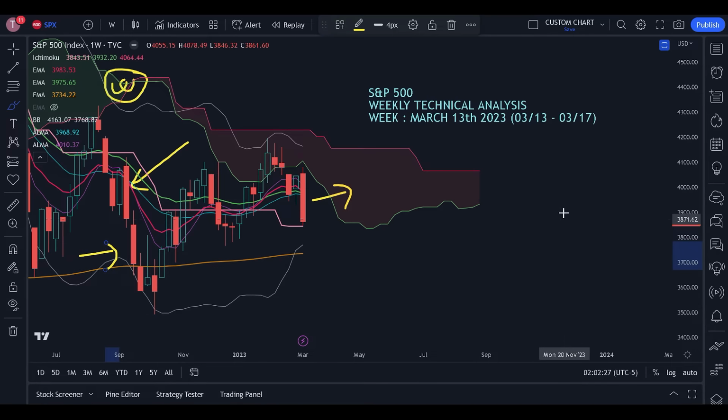This kind of heavy bearish candle. It simply indicates that there is very heavy bearishness in the entire stock market, in the S&P 500 and in the Dow Jones and in the Nasdaq and in all other indices and their respective ETFs like SPY or the QQQ or the DIA, etc.